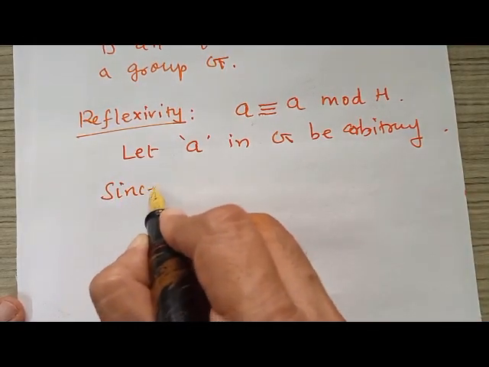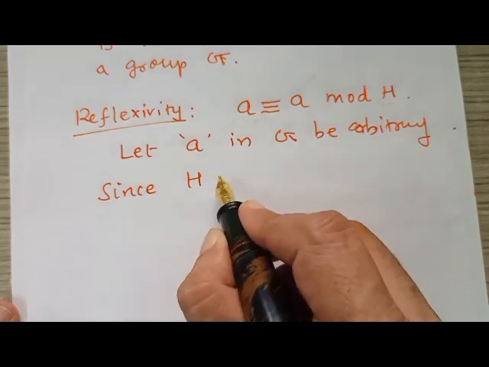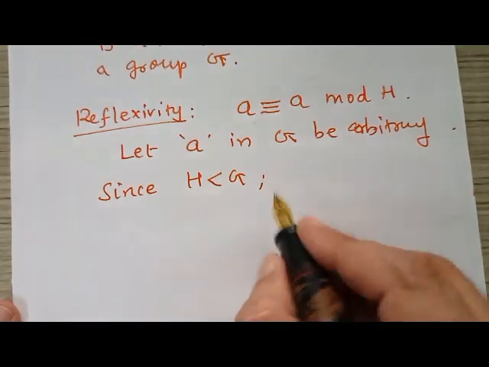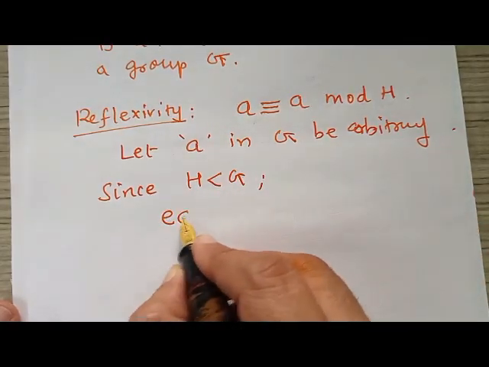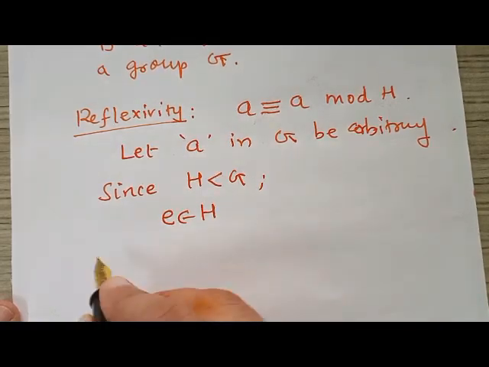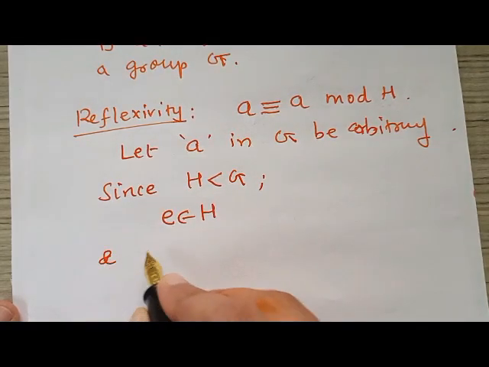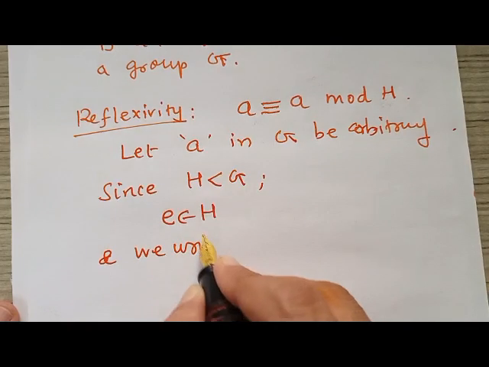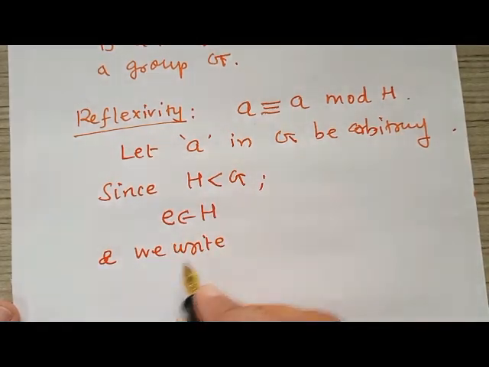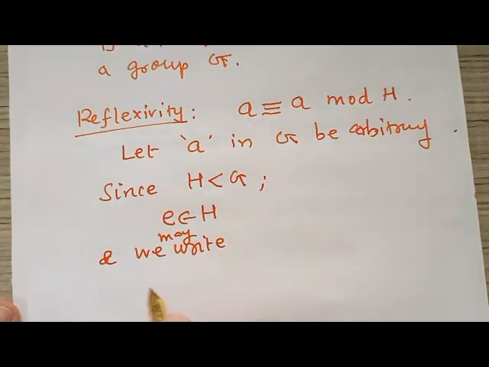Since H is a subgroup of G, E belongs to H, and we may write E as A A inverse.